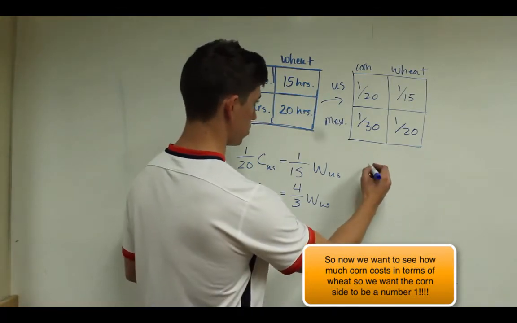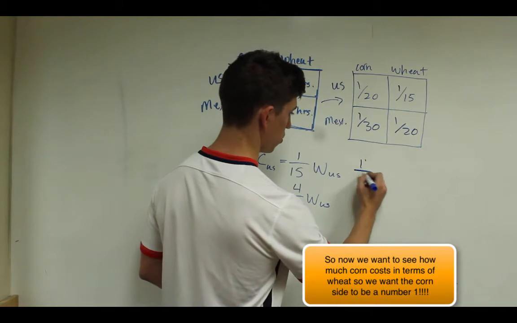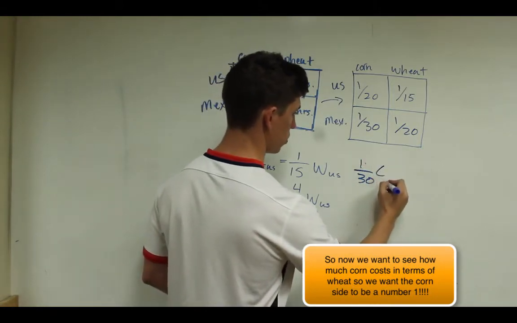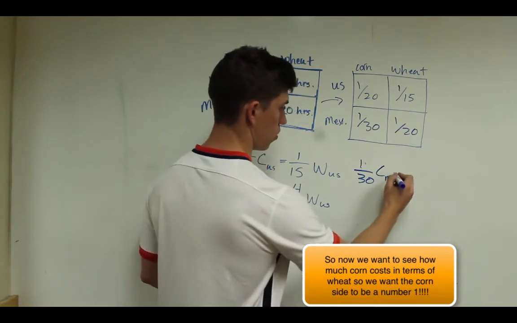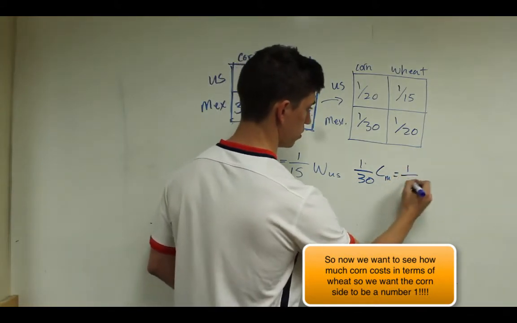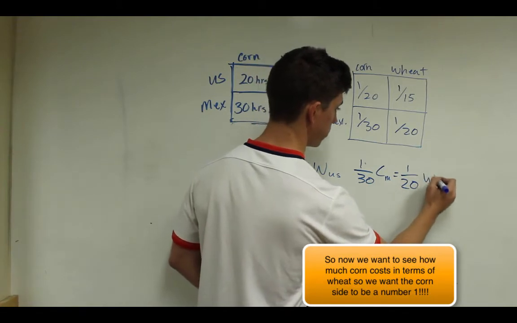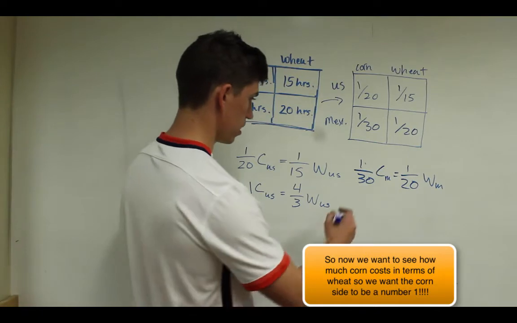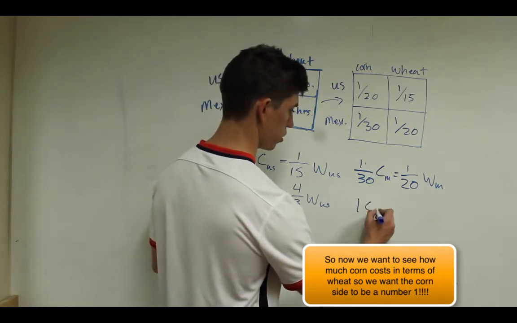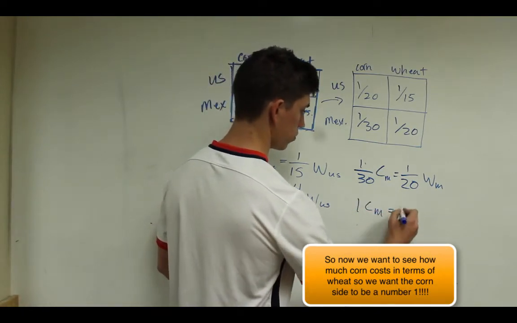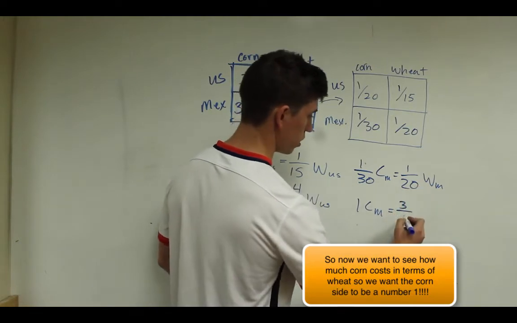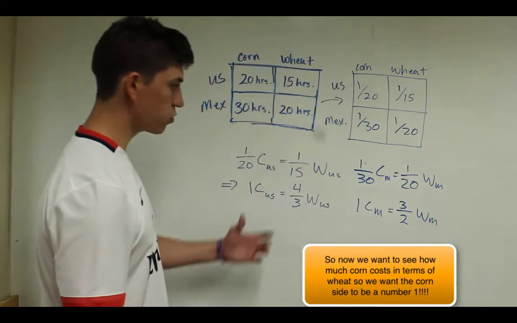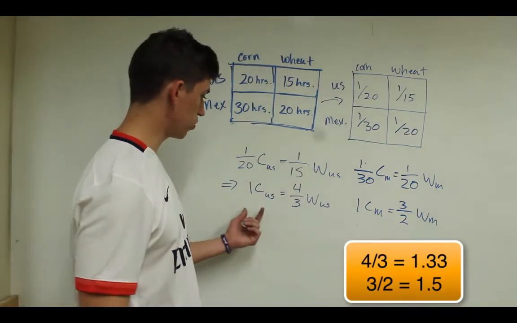In 1 hour they can produce 1/30th corn, and I'll call that Mexico, or they could produce 1/20th wheat, Mexico. And if I multiply over, I get that 1 corn in Mexico is equal to 30/20, or 3/2, wheat in Mexico. So who has the lower cost of producing 1 corn?